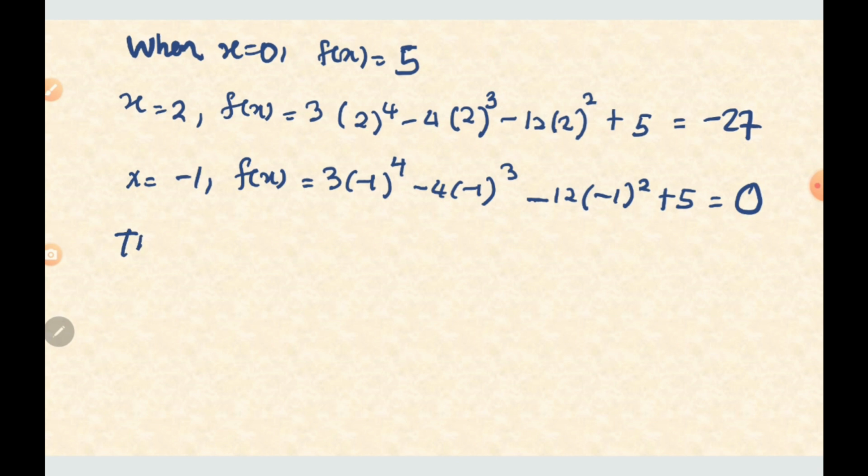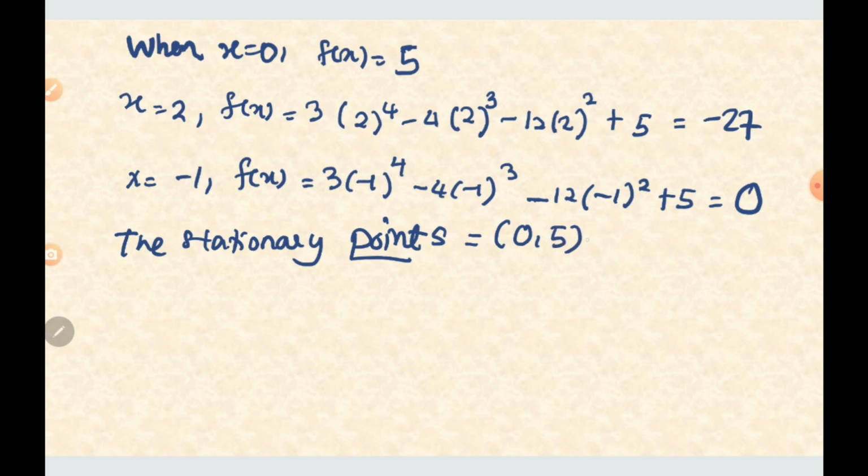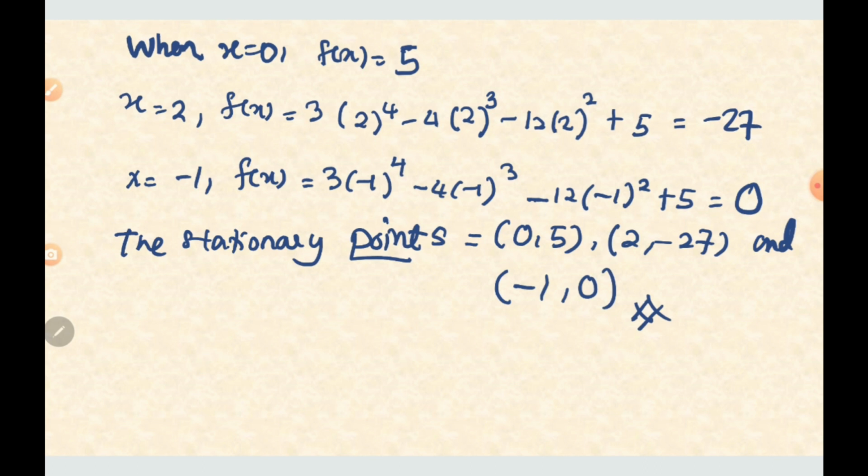Therefore the stationary points are 0, 5. Secondly, written in point form, 2, negative 27, and last one, negative 1, 0. These three are called the stationary points.